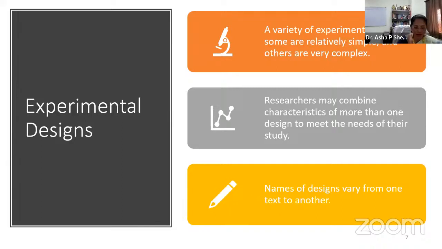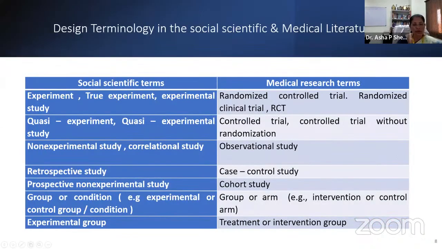So let us have a look at it, because we are interested in establishing evidence-based practice. In order to have the scientific base, we need to understand the various terminologies used in these experimental designs.